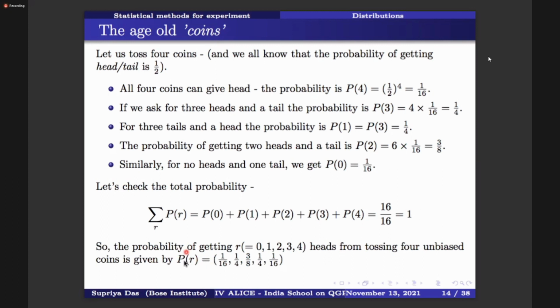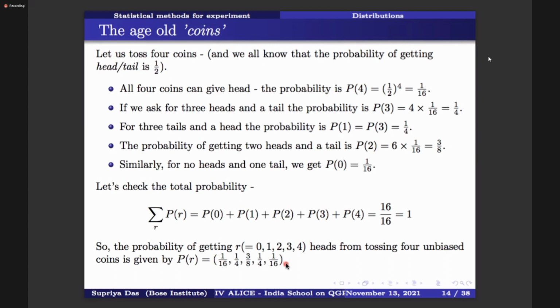You can write this in this way: R can be 0 heads, 1 head, 2 heads, 3 heads, and 4 heads, with probabilities 1/16, 1/4, 3/8, 1/4, and 1/16.